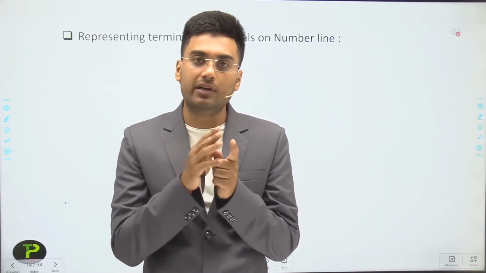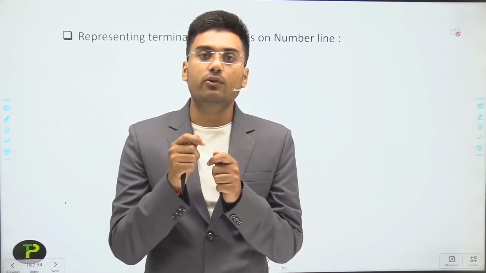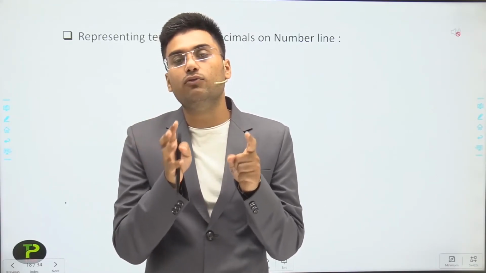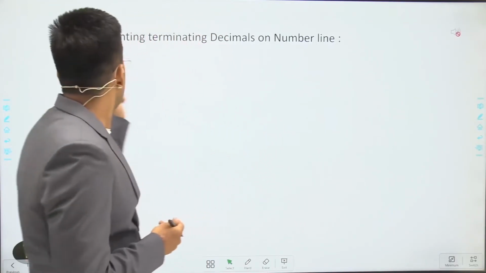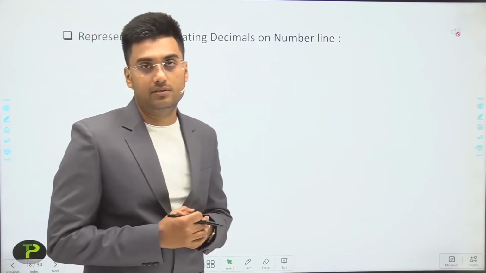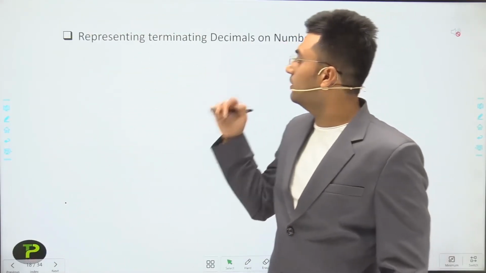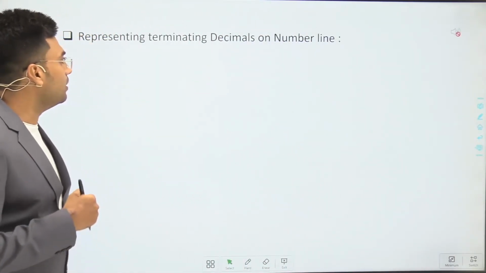Then our number belongs between 3 and 4. Then the distance between 3 and 4 is divided into 4 equal parts. Okay, now we have to represent terminating decimals on a number line.